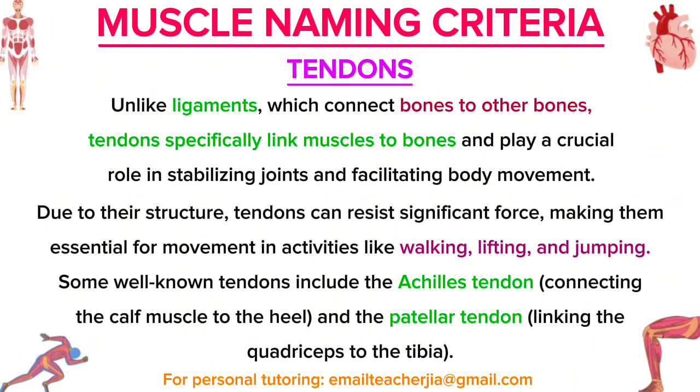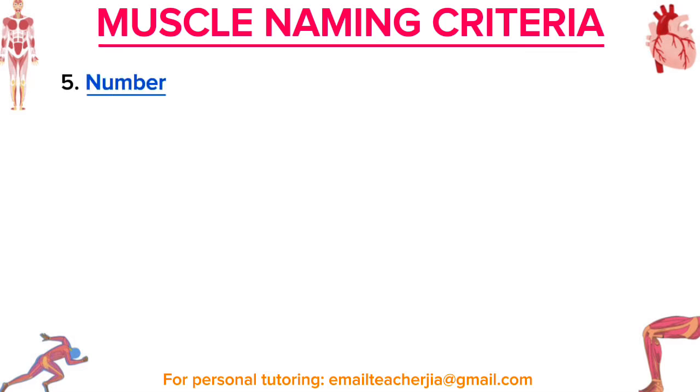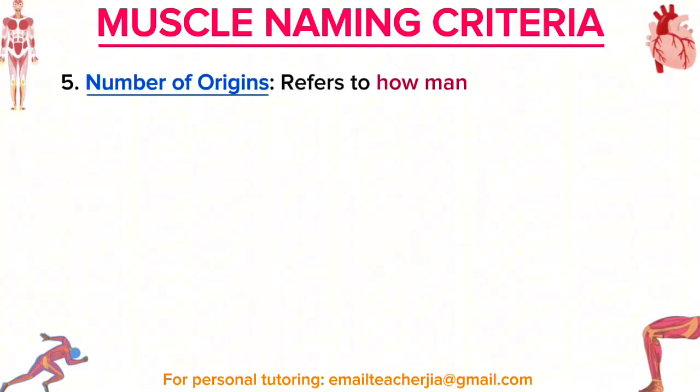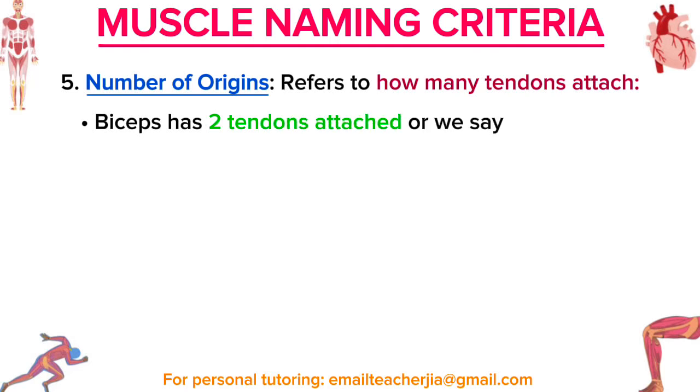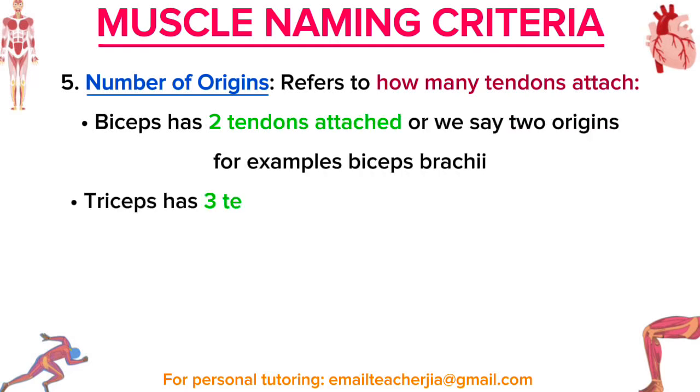So after talking about tendons, we can now talk about the fifth naming criteria, which is number of origins. This refers to how many tendons attach. We have biceps. Biceps has 2 tendons attached, or we say 2 origins, for example, biceps brachii.